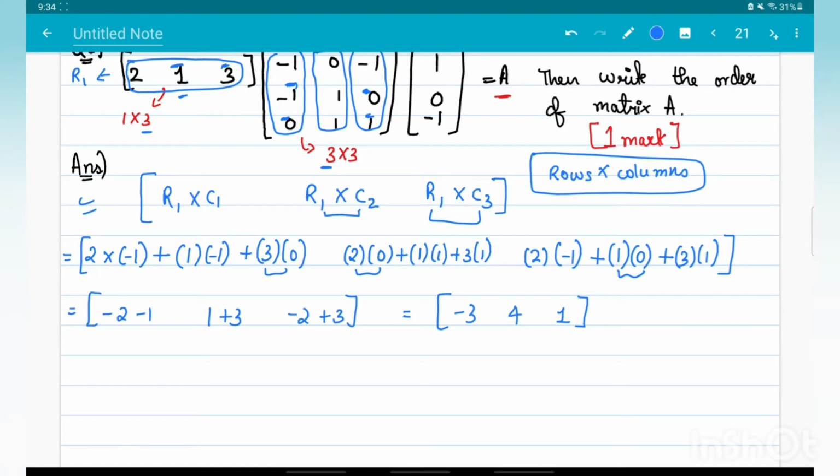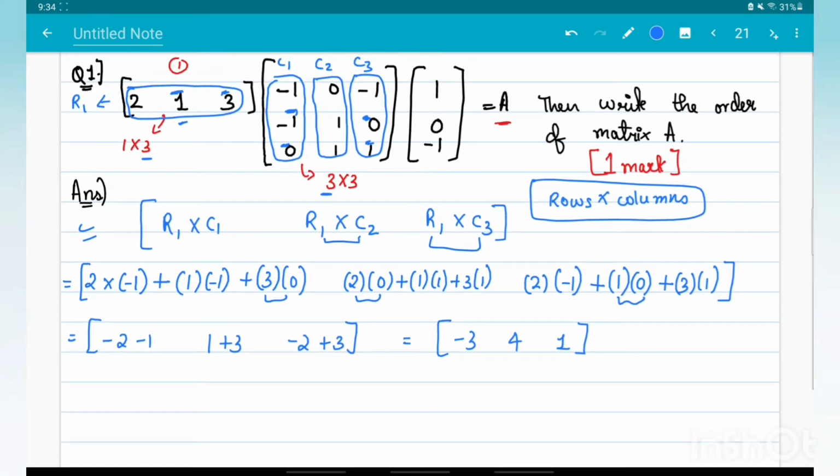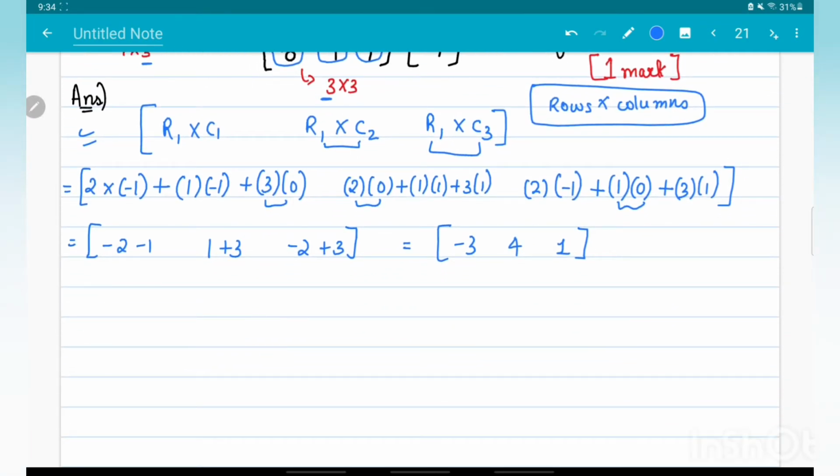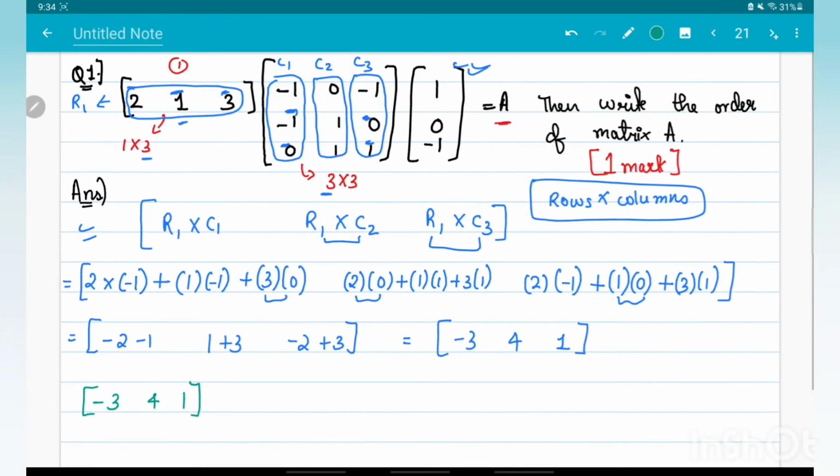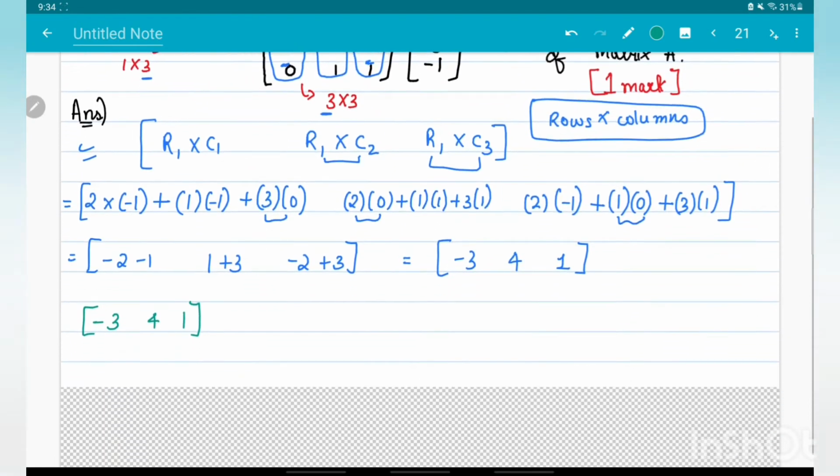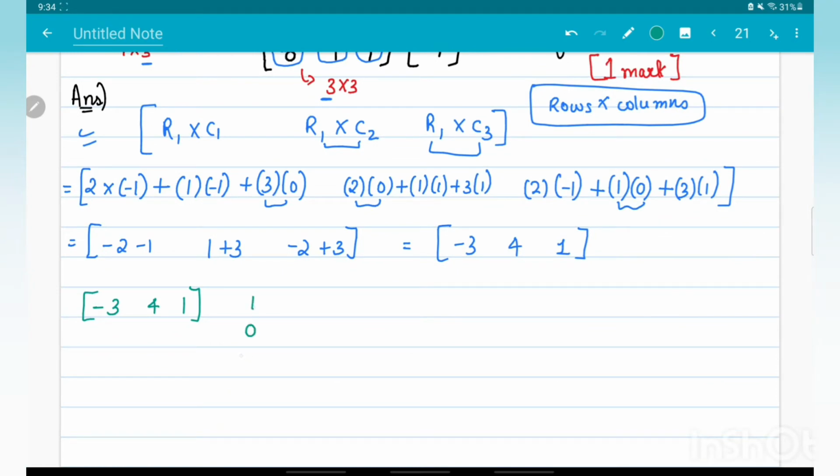Now I'm going to multiply this matrix with this final matrix, the third one, which you can see over here, and then we'll get our matrix A. So the matrix minus 3, 4, 1 will be multiplied with the matrix 1, 0, minus 1. First let me write the order of the matrices.